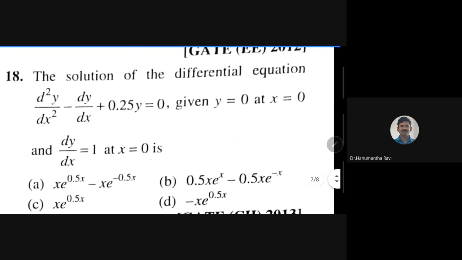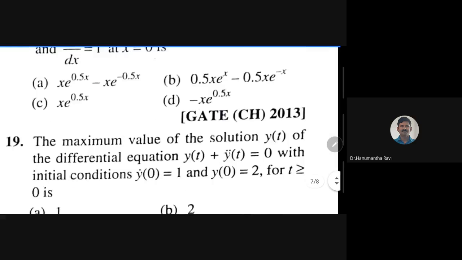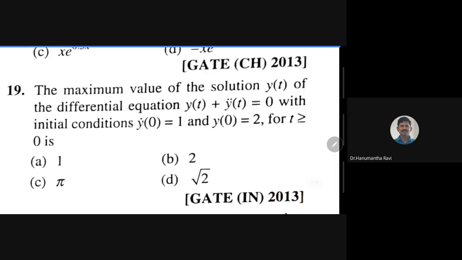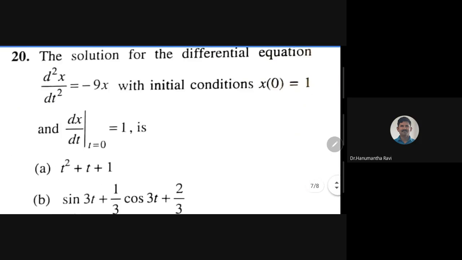The solution of the differential equation, this is also a similar one we have explained. This is also a simple one. You can try the next class. If you have any queries, you can bring.